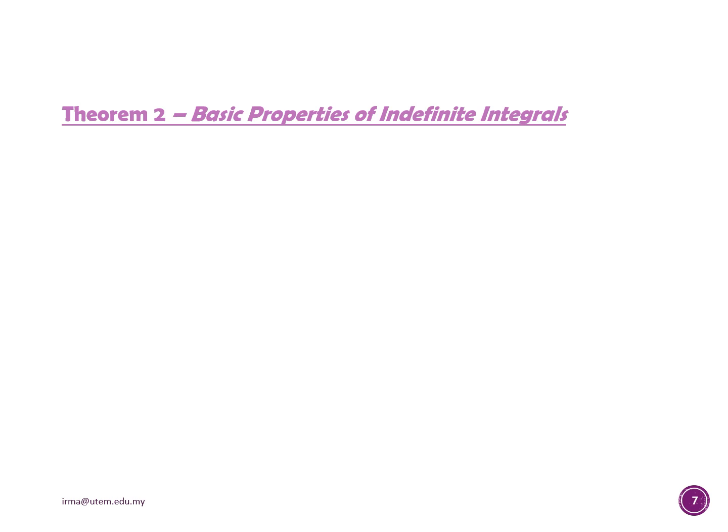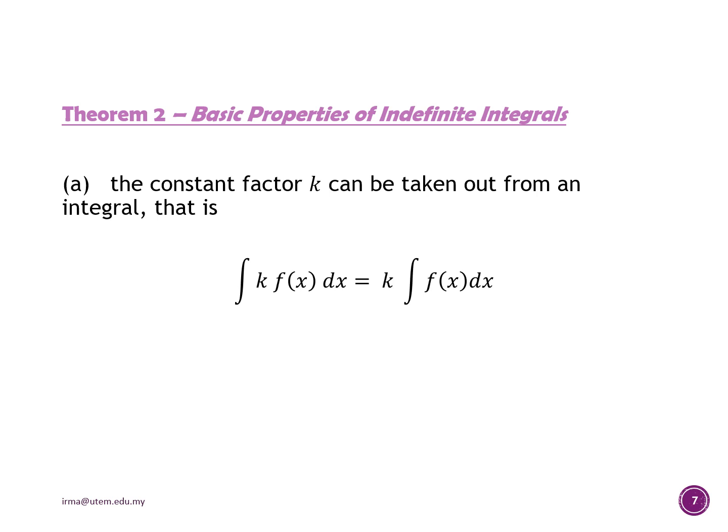Okay, so now let's look at theorem 2, basic properties of indefinite integrals. The first: the constant factor k can be taken out from an integral. That is, if you have the integral of k f(x) dx, you can just bring k in front, and you only need to multiply it with the integration of f(x).